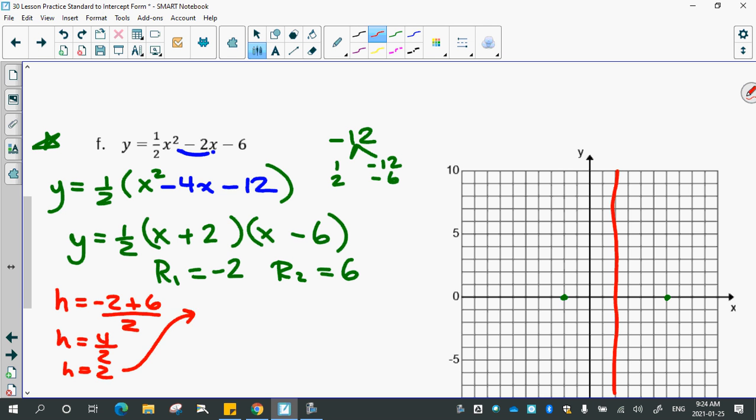Then you've got to calculate k. So I go to my intercept form, replace each x with 2 in this case.